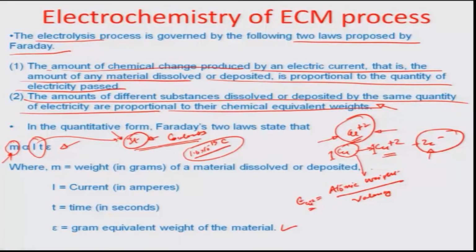So there is a relationship between the charge and the number of charges needed per species to get converted into the corresponding ion, okay. And then if 1 mole of such charged species is spent, an amount equivalent to the atomic weight of the material will be coming out. So that's a relationship between mass and charge which is being made through Faraday's laws of electrolysis.